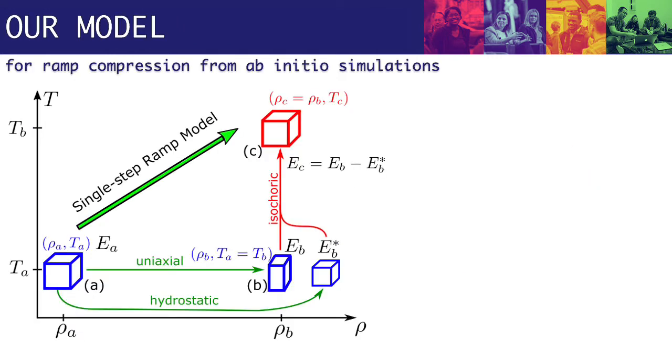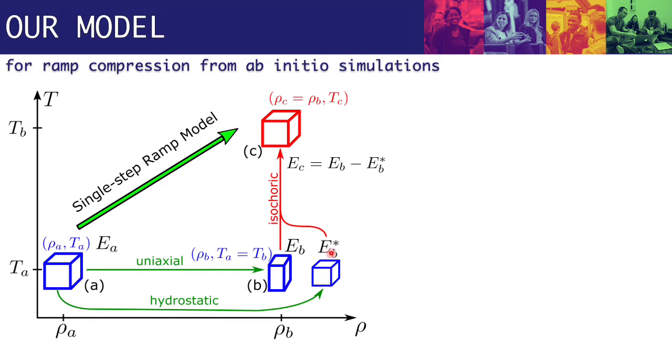So to summarize, our model workflow is the following. We start with an initial condition at density rho A and temperature TA, and we simultaneously compress both uniaxially and hydrostatically to a new density, such that we have two states at the same temperature and density.